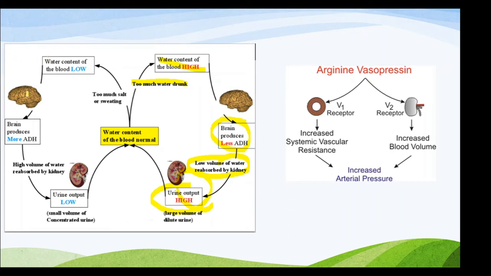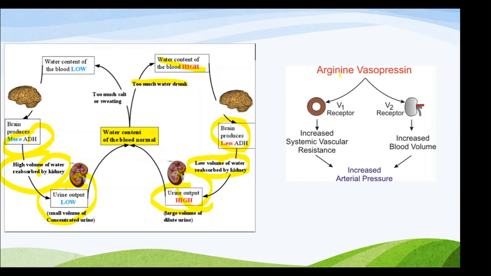That signals the brain to produce more ADH, and as a result, a higher volume of water is reabsorbed by the kidney, and the urine output becomes low, or concentrated, because the water has been reabsorbed, right? And your water content comes back to normal. So this is the normal process of the function of ADH.